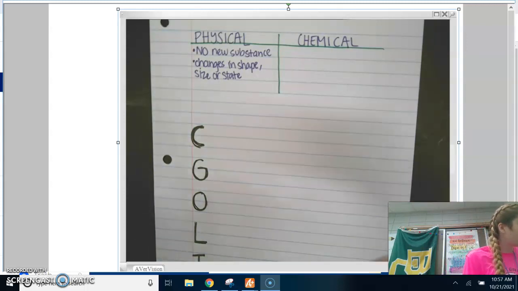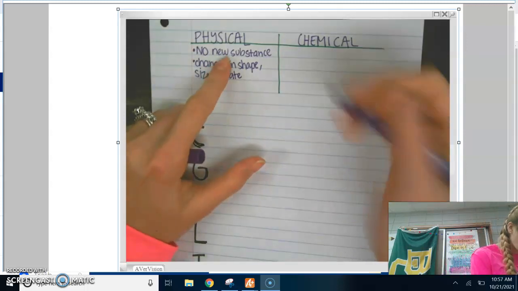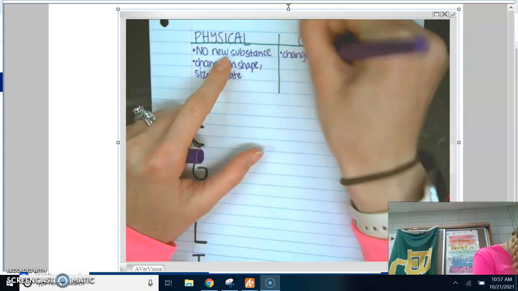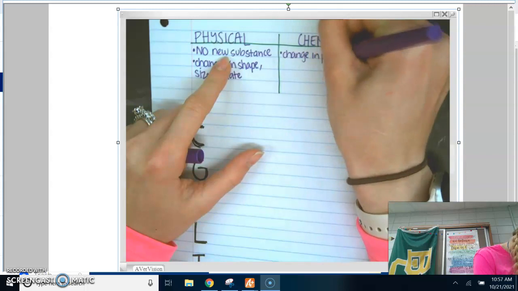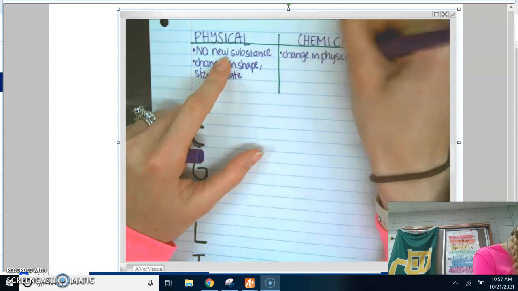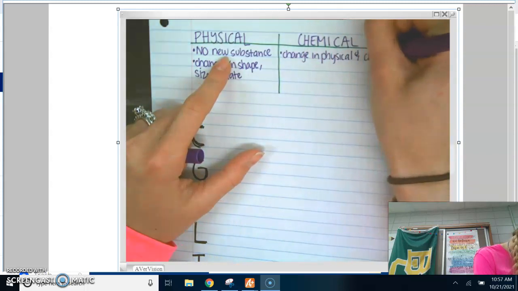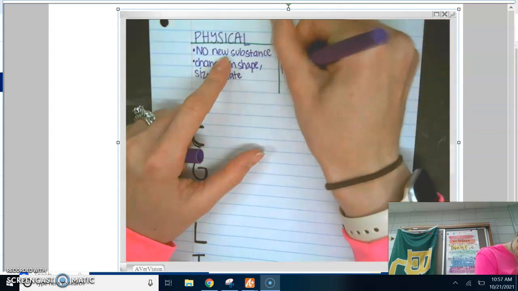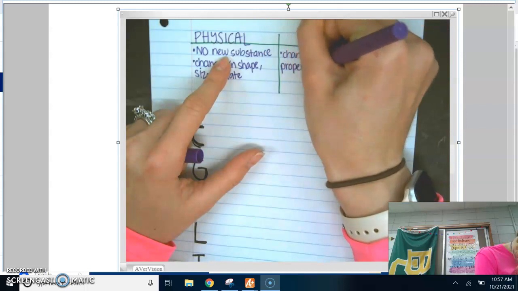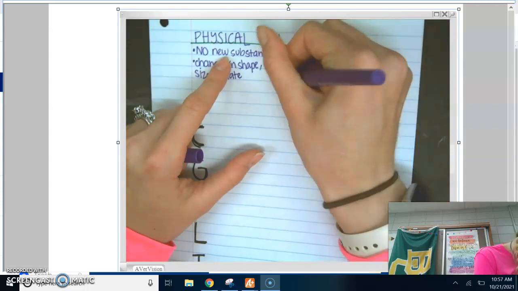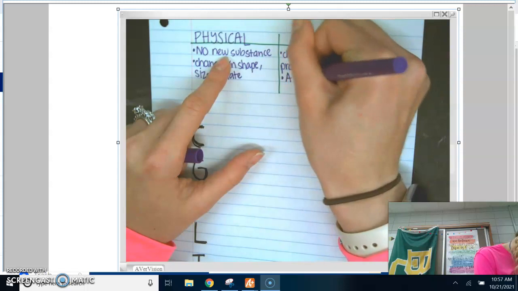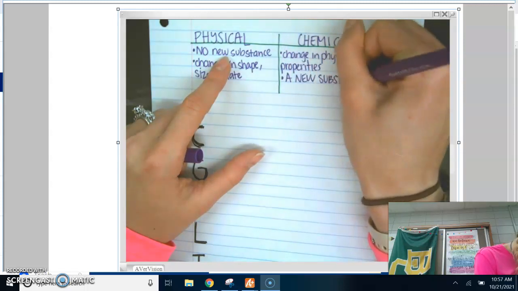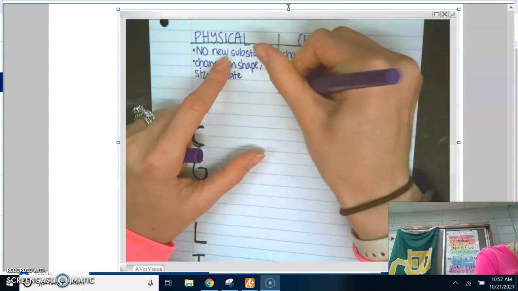A chemical change would be a change in physical and chemical properties, which would mean a new substance is formed.